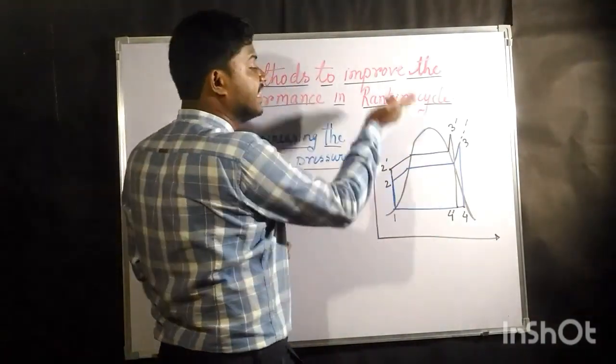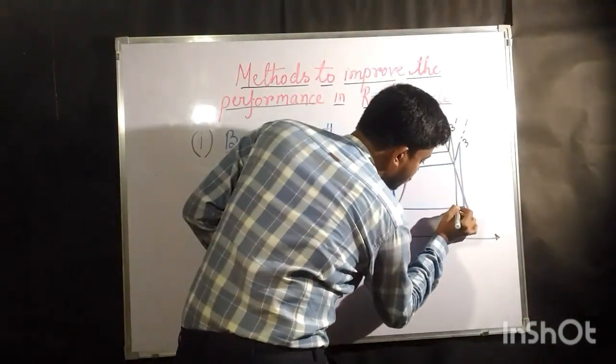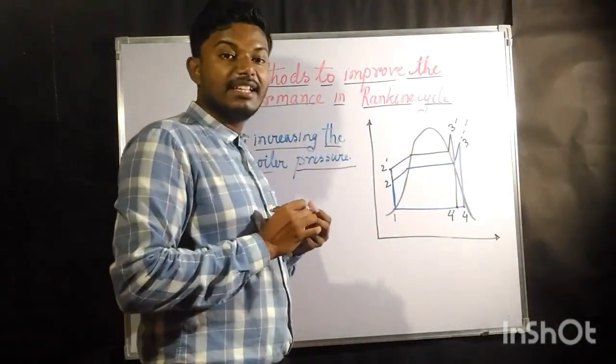But while we are increasing the boiling pressure, that means 2 dash to 3 dash, the outlet of the turbine comes here at point 4 dash. That means what?